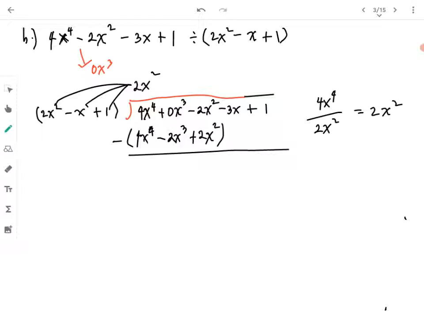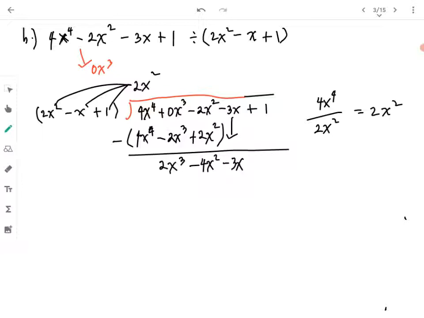The first column will become 0. So 0x cubed minus negative 2x cubed is positive 2x cubed. Negative 2x squared minus positive 2x squared will give us minus 4x squared. Bringing down 3x.